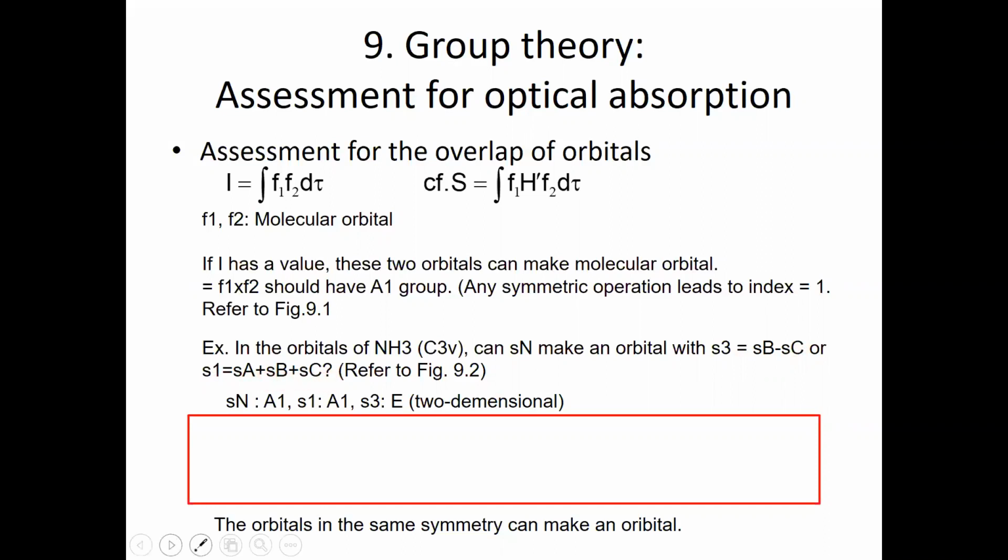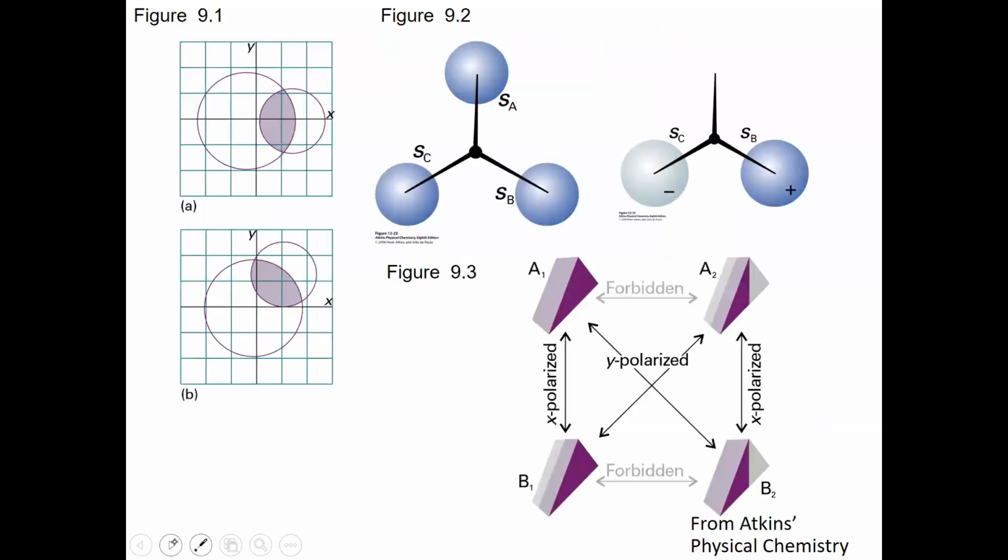So it's like this. This is the ammonia molecule, and SA, SB, SC are the S orbitals of hydrogen, as you can see. And SB minus SC means the phase difference of the S orbitals in the hydrogen. Okay.